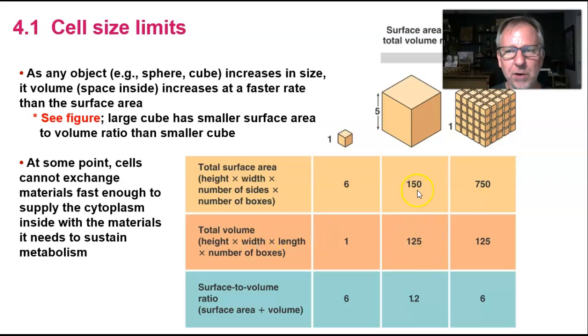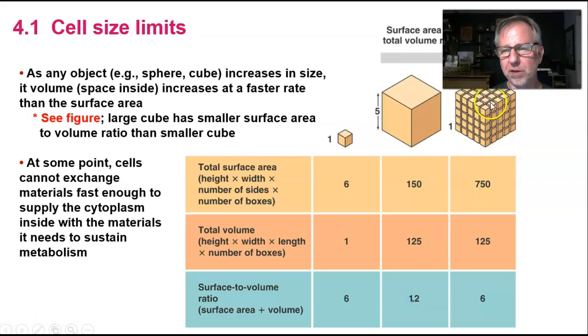If you compare the amount of surface area to the volume, there's 1.2 times the surface area as the volume. Check it out. As this cube got bigger, the volume is increasing at a faster rate than the surface area is. And that's why the ratio is decreasing.